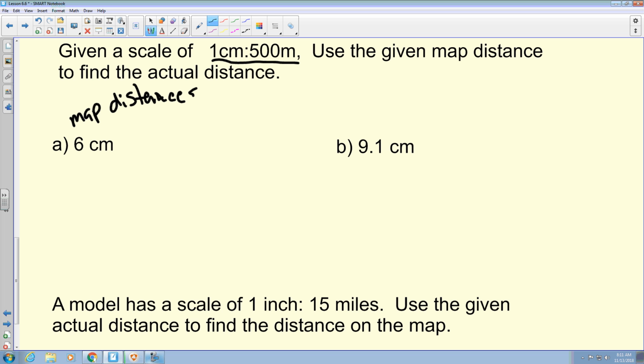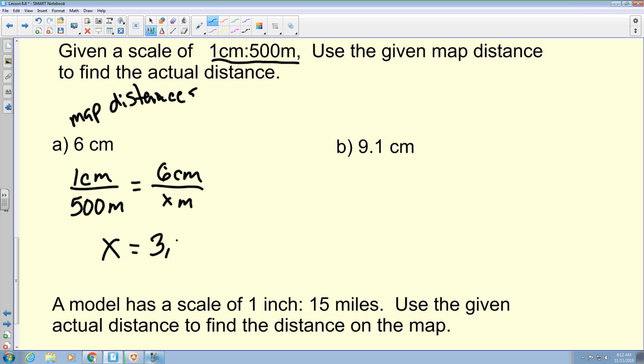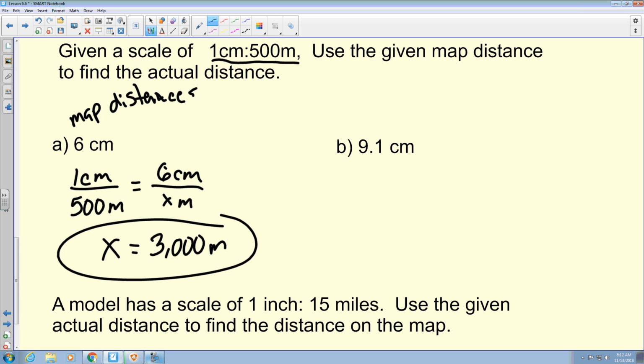So we write 1 centimeter over 500 meters is proportional to, in this case, 6 centimeters. Make sure you keep the centimeters on top, over x meters. When you do the cross products, 1 times x is x, and 500 times 6 is 3,000. So 3,000 meters would be the result of measuring something that was 6 centimeters with this scale factor.